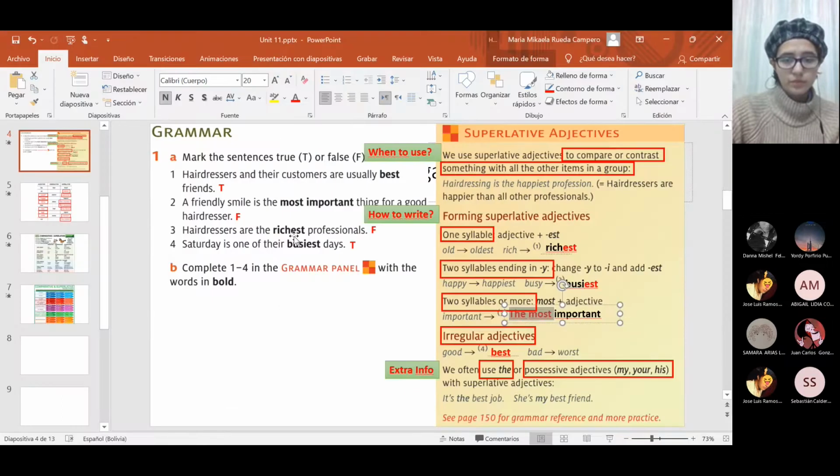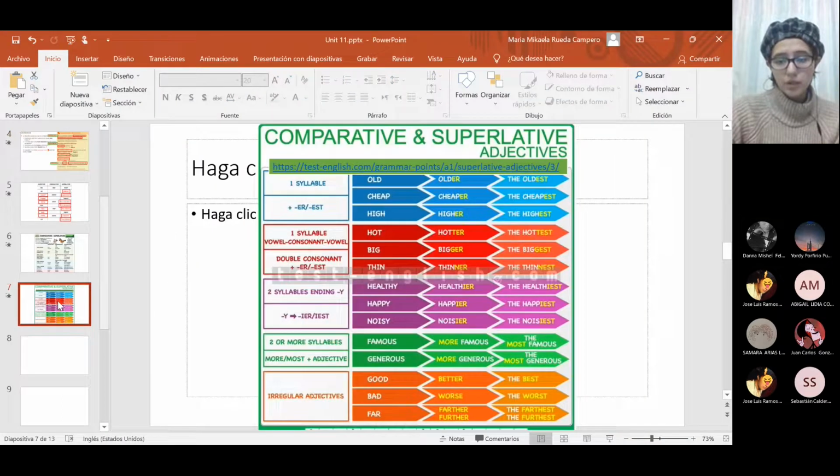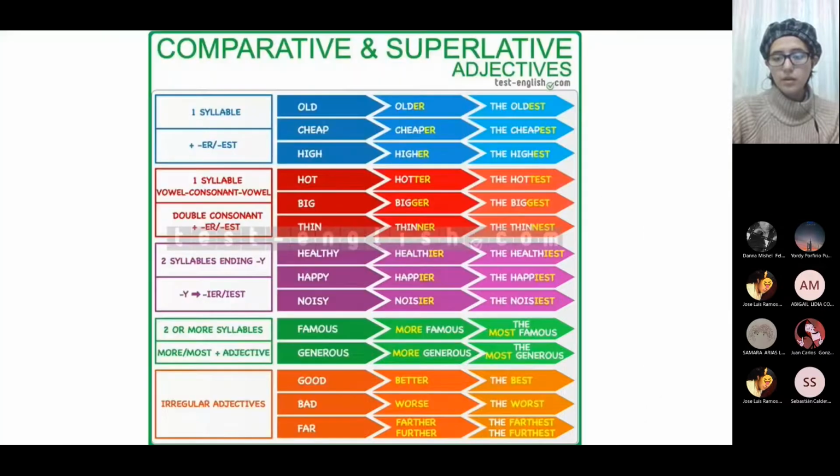Let's take a look. Here we have the comparative, hotter, and here we have the superlative. In brief, hotter is to compare 2 things.